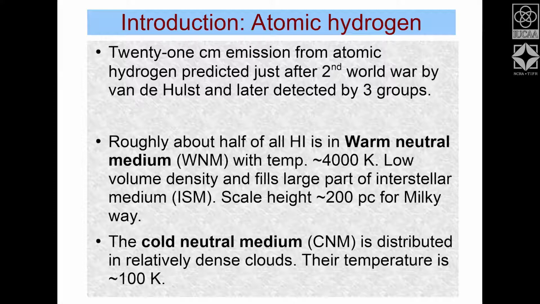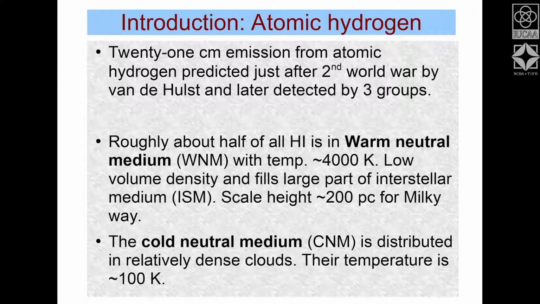In our galaxy, roughly half of all atomic hydrogen is believed to be in one neutral phase, in short called WNM, the warm neutral medium, with a temperature of about 4000 Kelvin. It has a low volume density, about one atom per cubic centimeter. On Earth, it may be like 10 to the power 19 atoms per cc, which is the density of gas in the interstellar medium.